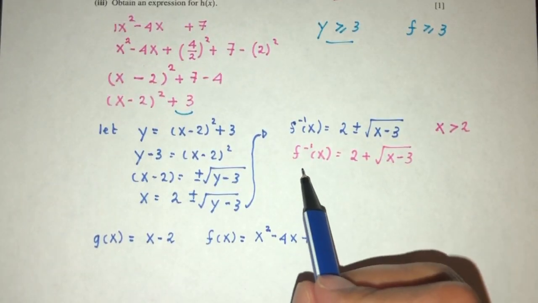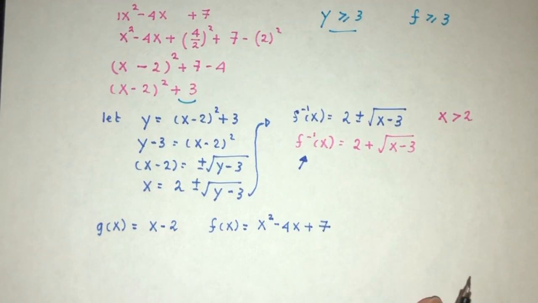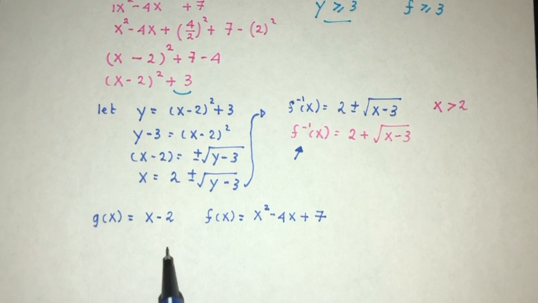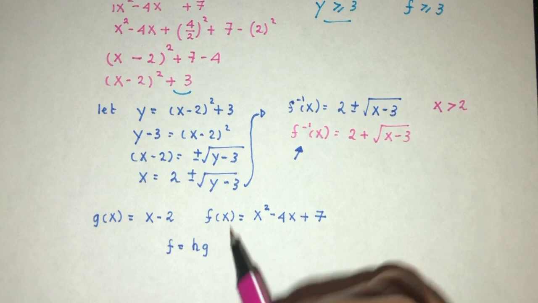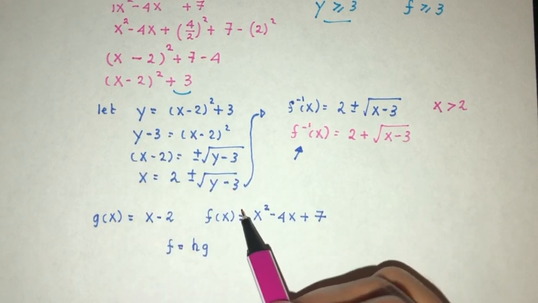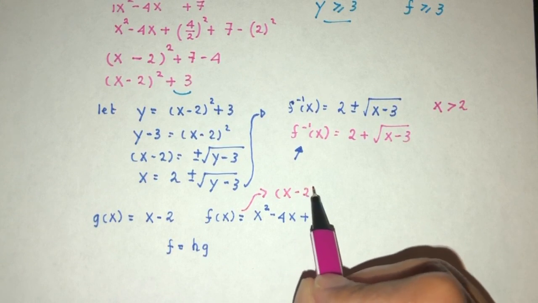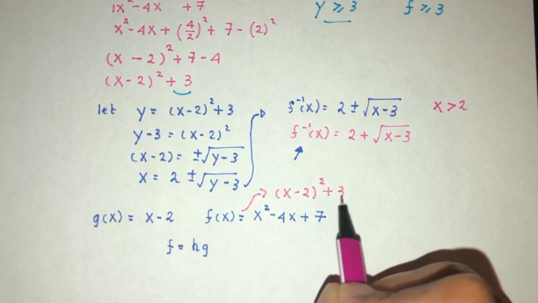Also we have f inverse as well if you need that. Now we are given that the function h is such that f is equal to h of g, right? You can see that. Now also we don't forget this one as well. f of x is also (x minus 2) squared plus 3.